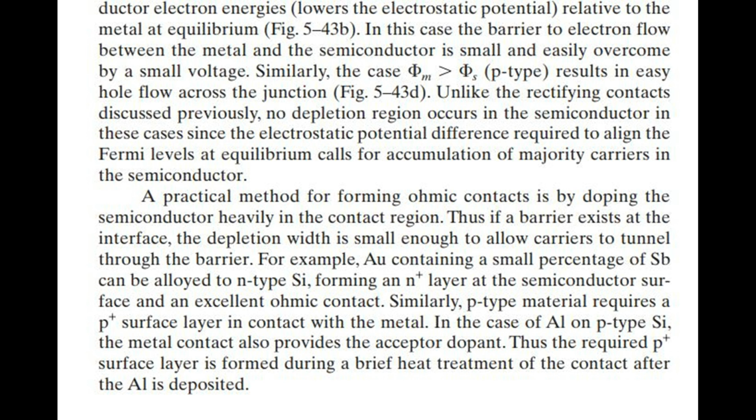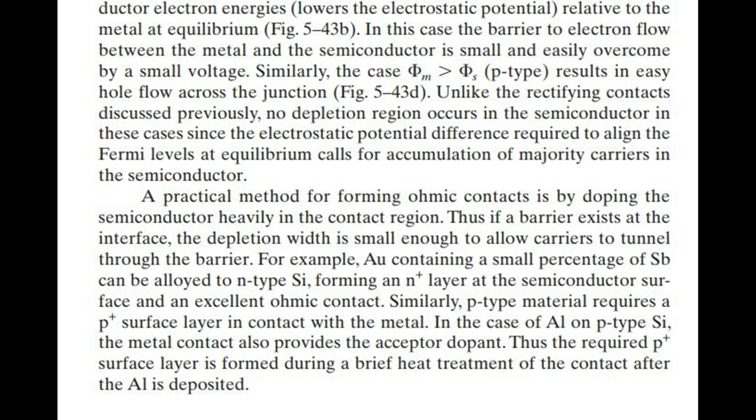Similarly, P-type material requires a P+ surface layer in contact with the metal. In the case of aluminum on P-type silicon, the metal contact also provides the acceptor dopant. Thus, the required P+ surface layer is formed during a brief heat treatment of the contact after the aluminum is deposited.